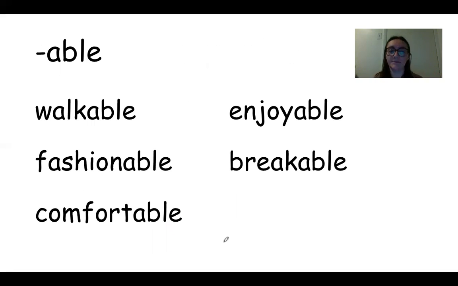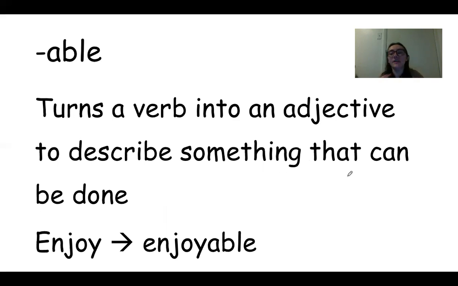So able, we add it to lots of different words. We can make walk into walkable, fashion into fashionable, comfort into comfortable, enjoy into enjoyable, break into breakable. So the able suffix turns a verb into an adjective to describe something that can be done.